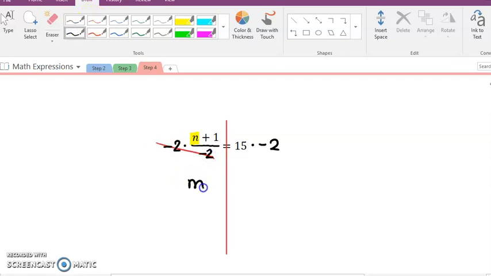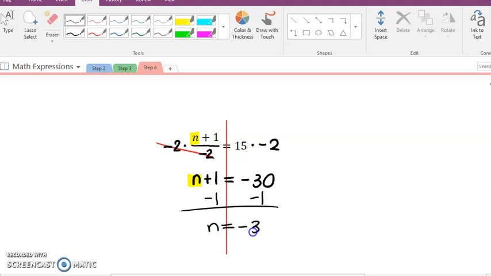On the left side, I have n plus 1, and on the right side, I have a -30. Still trying to isolate my variable, I'm going to subtract 1 from both sides. N is -31.